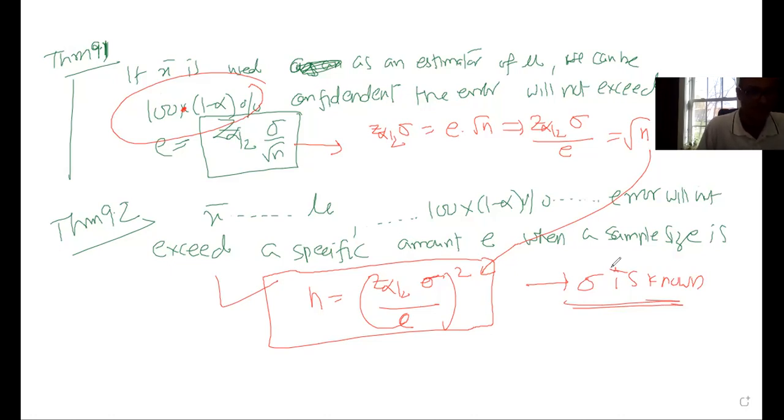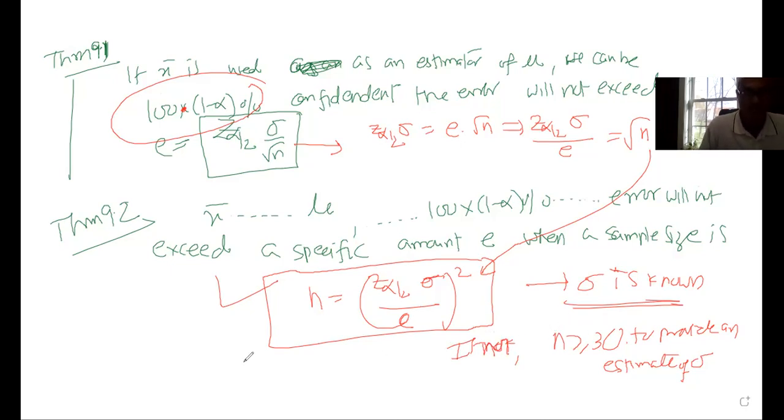Lacking this information, we could take a preliminary sample of size n greater than or equal to 30 to provide an estimate of sigma. If sigma is known, then it's fine. If not, then we take a preliminary sample of size n greater than or equal to 30 to provide an estimate of sigma.